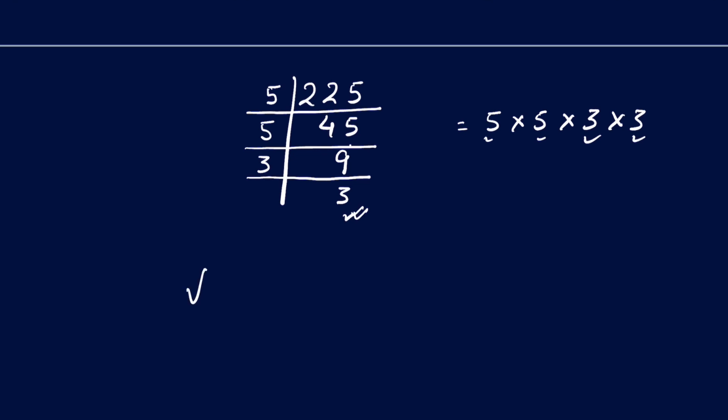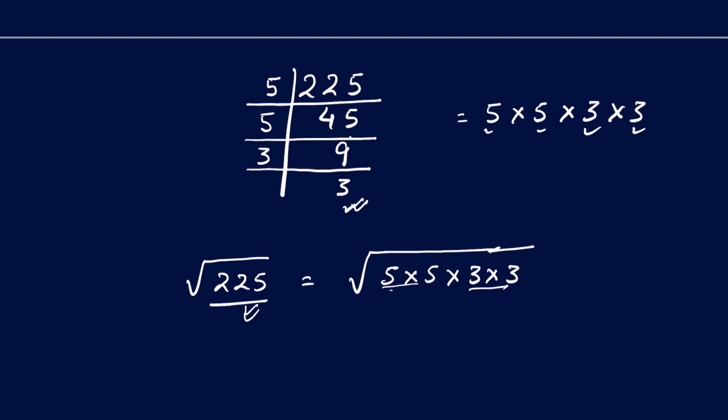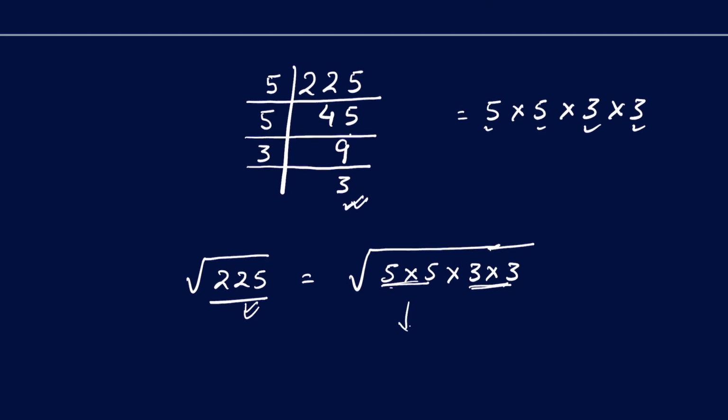Now, square root of 225 can be written as square root of 5 multiplied by 5 multiplied by 3 multiplied by 3. In finding the square root, we pair the numbers. 5 multiplied by 5 is a pair and 3 multiplied by 3 is a pair, and then we take out one number from each pair and multiply them, and that gives you the square root of that number.